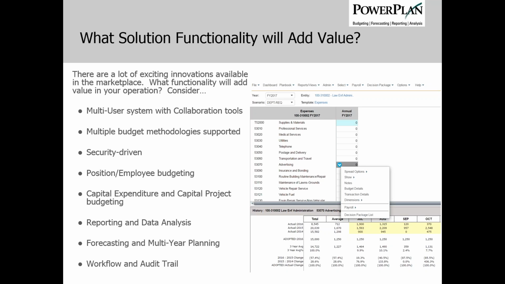Your objective should be a one-stop shop that eliminates the need for files and detailed backup to be stored separately. And we all know that depending on your organization's requirements, one organization may use a different budget methodology than another. It's important to know that the vendor you select is flexible and offers different methodologies. In other words, you have, for instance, the traditional incremental-based budget.